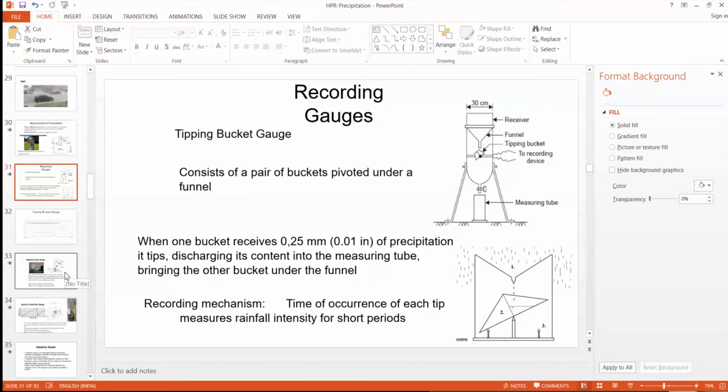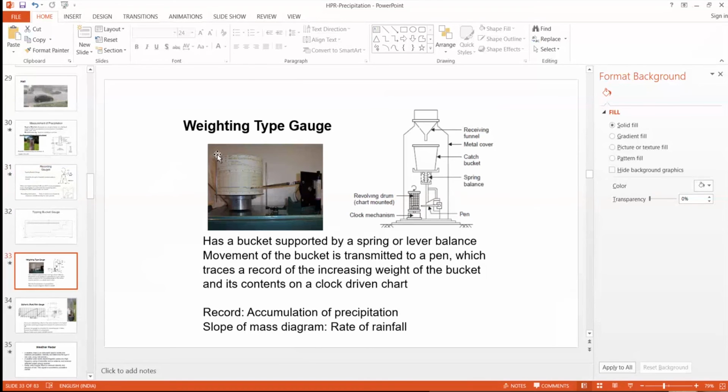So I go now. I'm explaining the weighing type rain gauge. So this is a schematic. What is collected in this bucket? The bucket is placed on a spring balance, and it is connected to a pen which records the amount of water received in this bucket on a revolving drum.